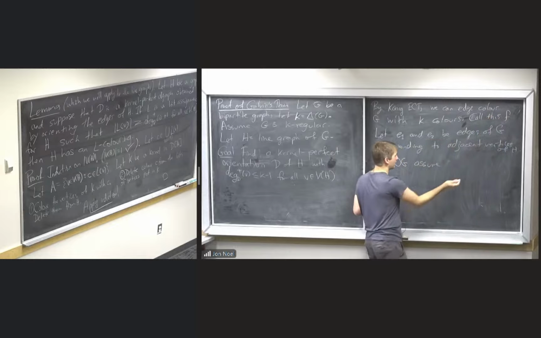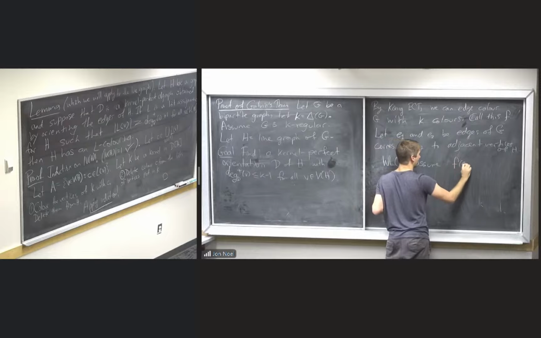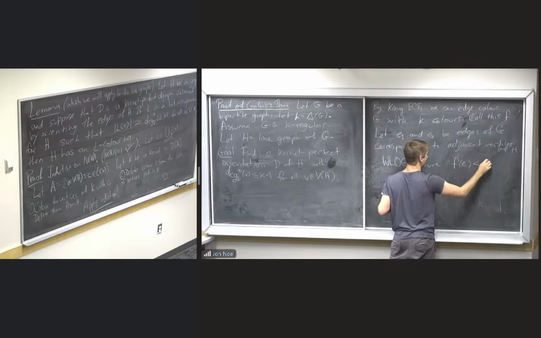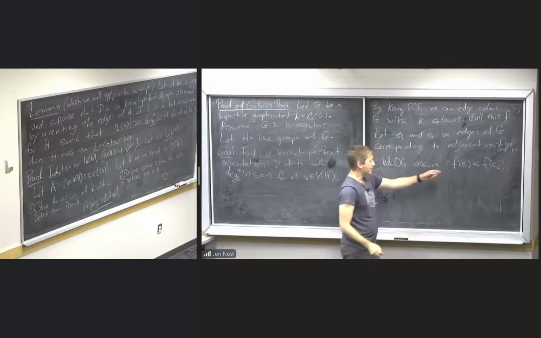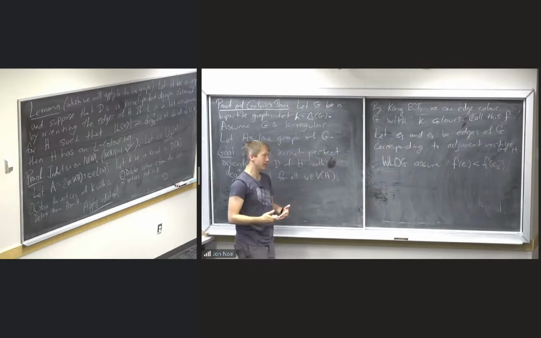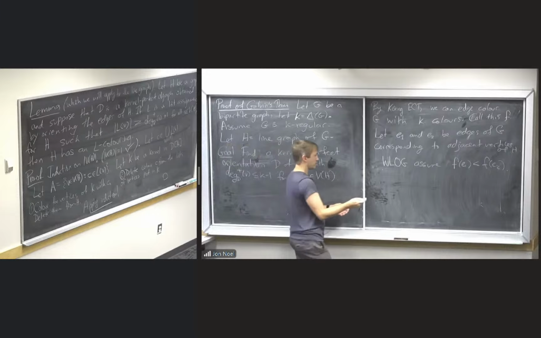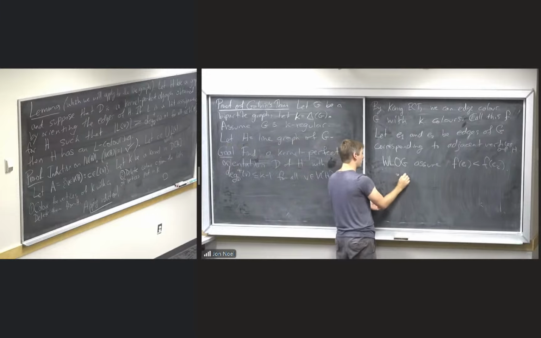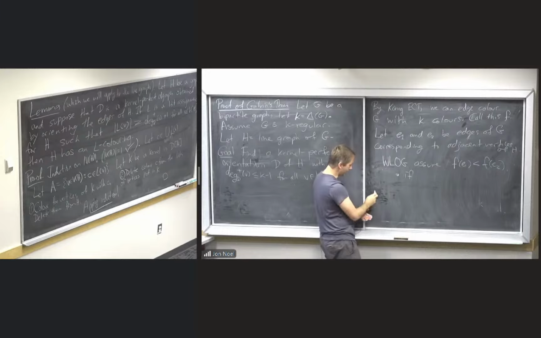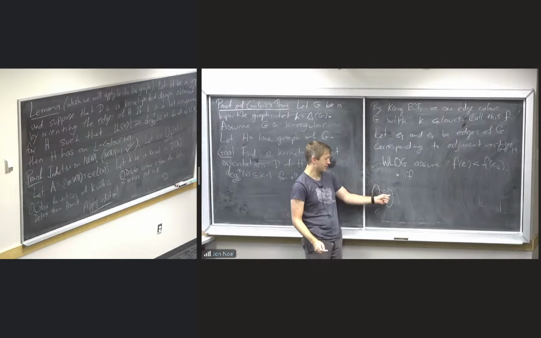Without loss of generality, I can assume that the color of the first edge is less than the color of the second edge. They can't be the same color because they correspond to adjacent vertices of H, and this is a proper coloring. So I'm thinking of the graph G as a bipartite graph with some vertices on the left and some on the right.